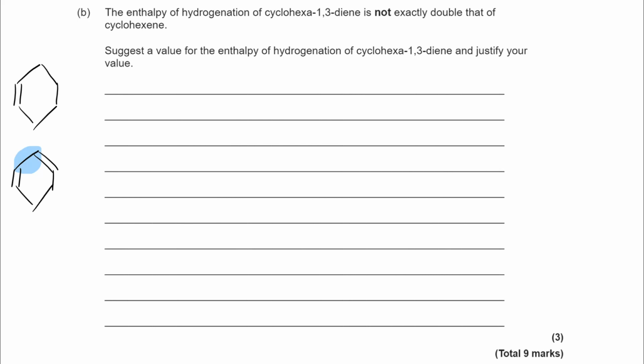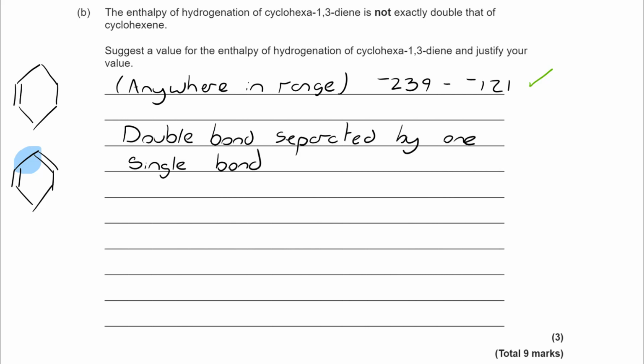Now, in terms of the value, it can be anywhere in the range negative 239 to negative 121. It has to be more exothermic than cyclohexene, but it can't be as much as twice. But you've got this huge range of acceptability within. Why? Well, the double bond is separated by 1 single bond, as my diagram shows.